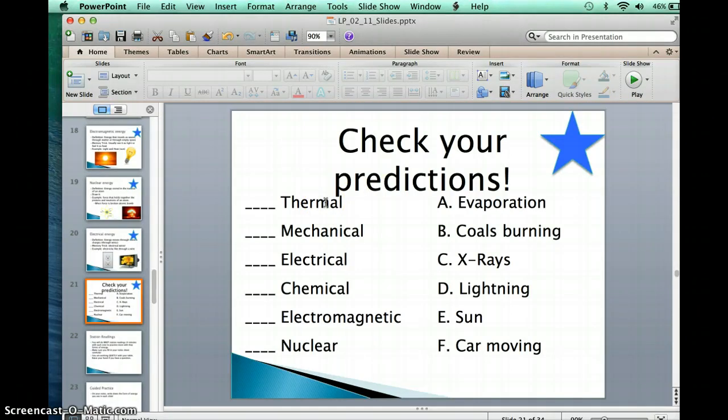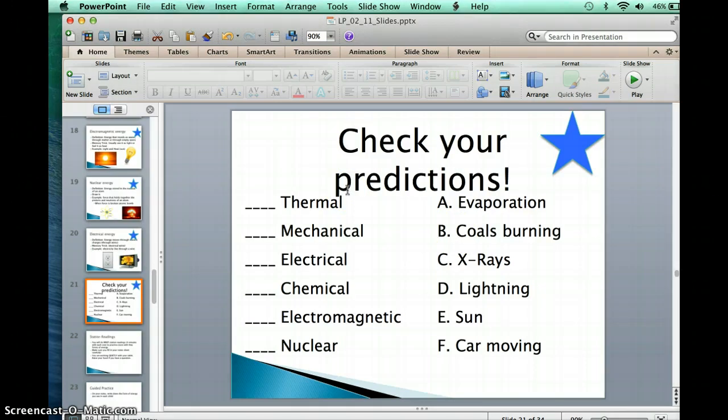So evaporation goes with thermal energy. Coals burning, again, that heating up, I would call thermal energy. The coals, before they're being burned, before we start burning them and using them, it would be chemical energy if they were not being burned. But because they're being burned, it's thermal energy right now, it's just heat.